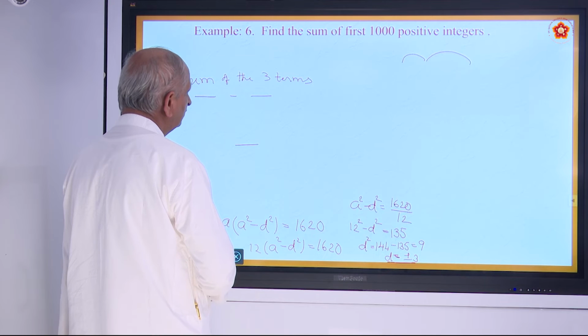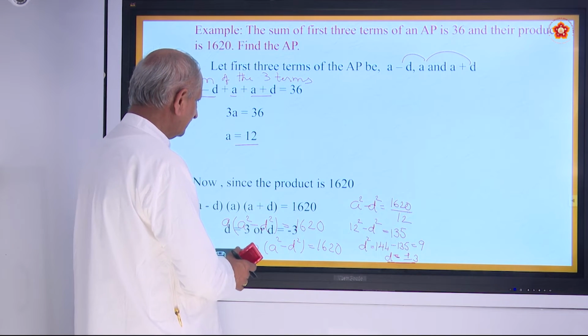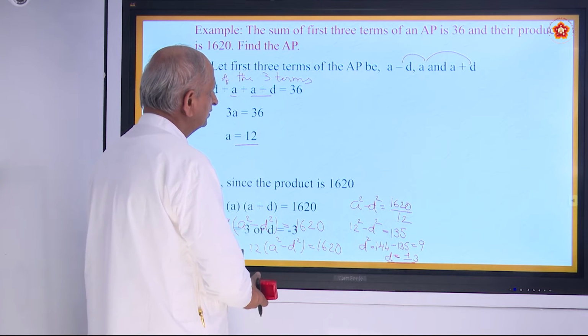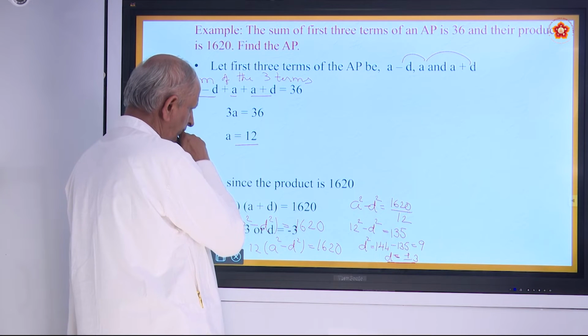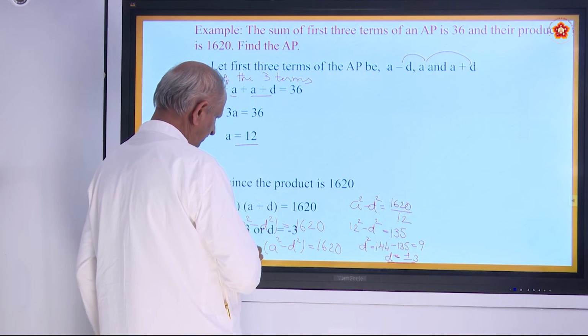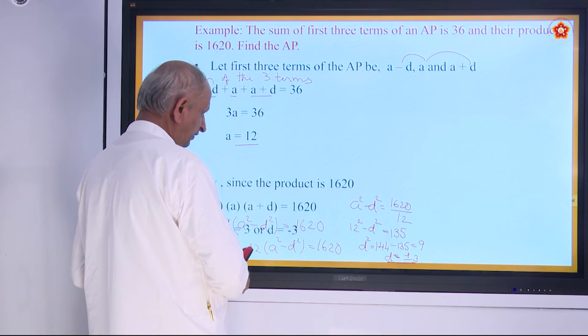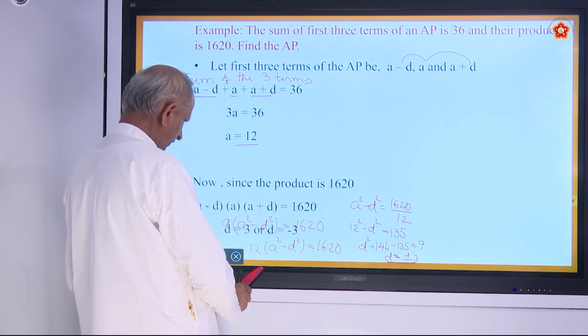After that, they are asking about the terms, find the product and find the AP. So you are given D now, we got the D, noted all these things.